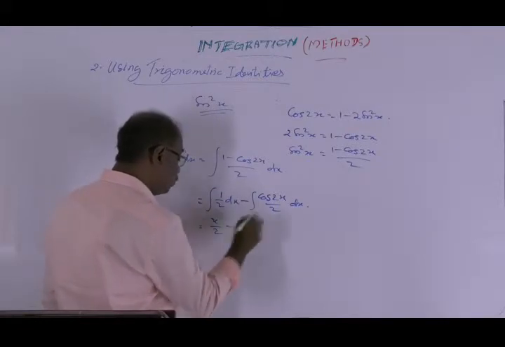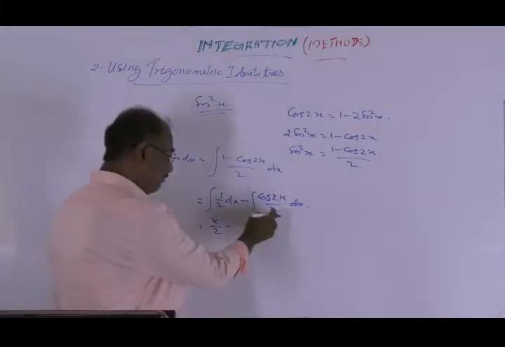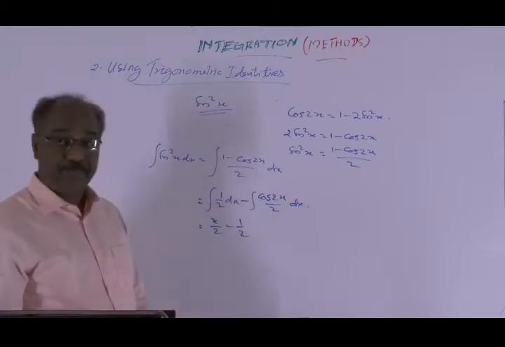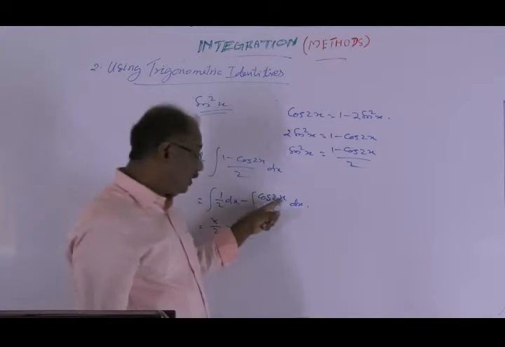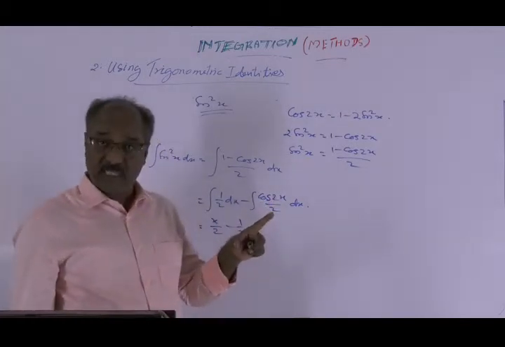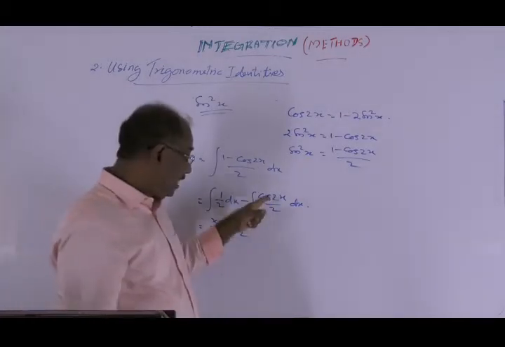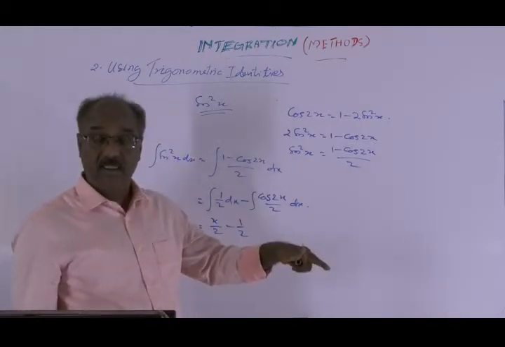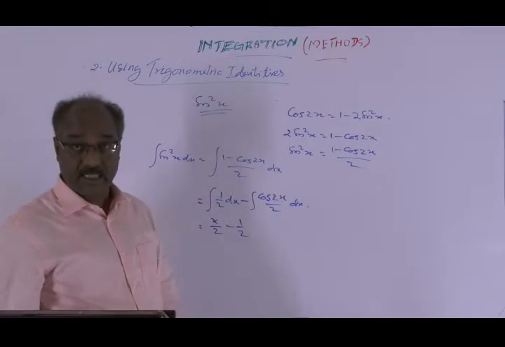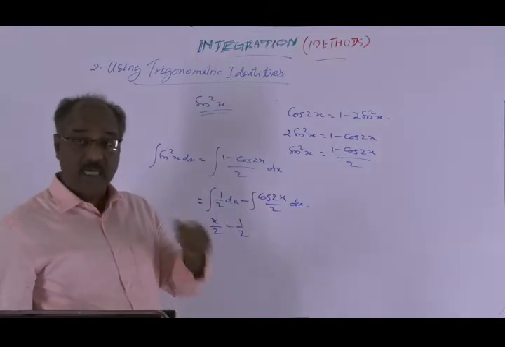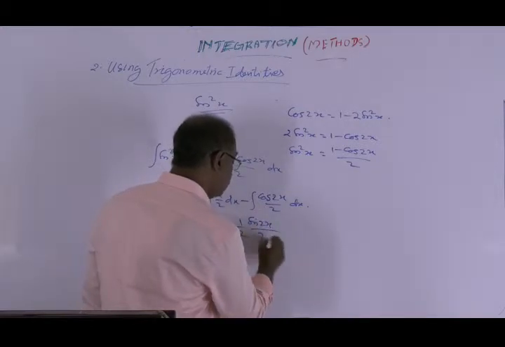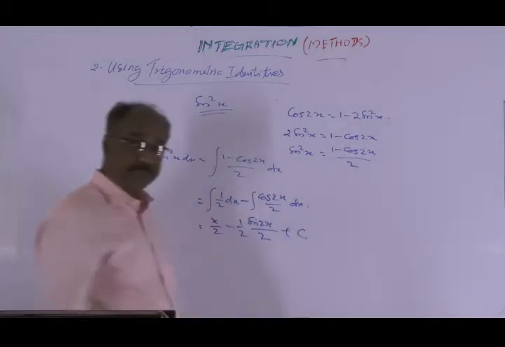So x by 2 minus, here again 1 by 2 taken outside, integral cos 2x dx. Here cos 2x dx is actually not in the list of standard functions, but here we apply the substitution method, 2x is equal to t, and then integrate. We know how to integrate. And the integral will be sin 2x divided by 2 plus constant of integration.